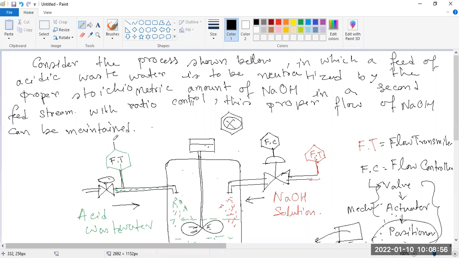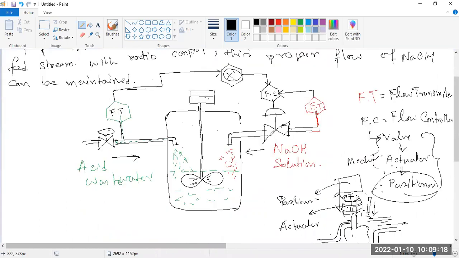It will take the information from here, input, flow control, and here is your output.